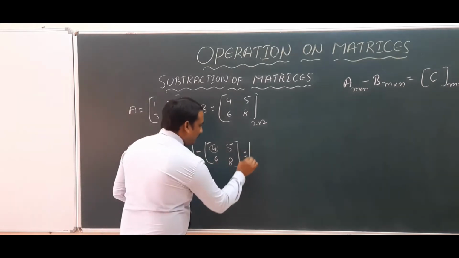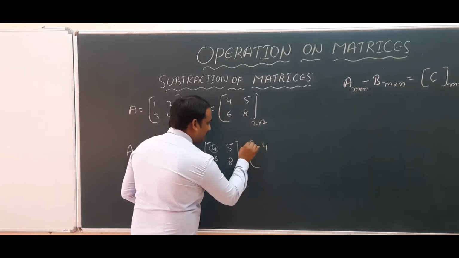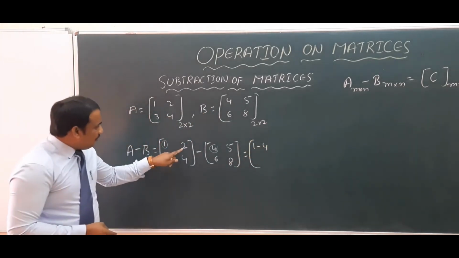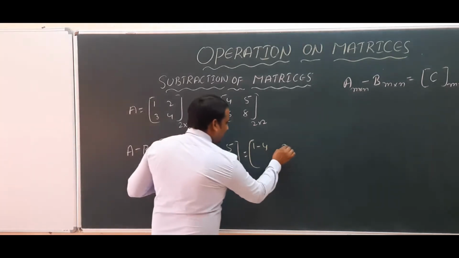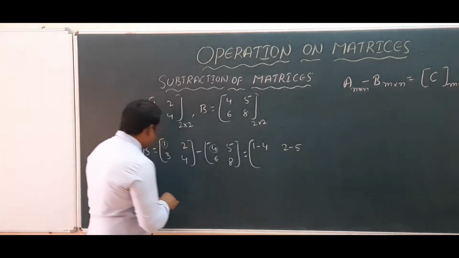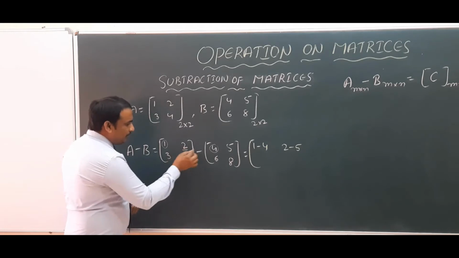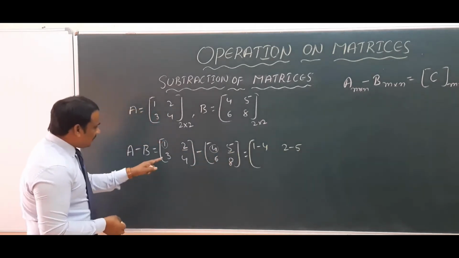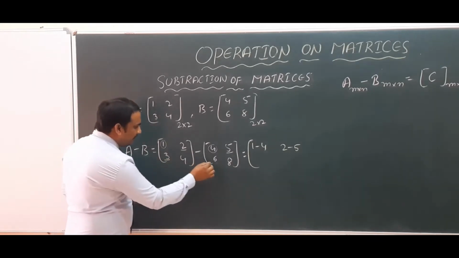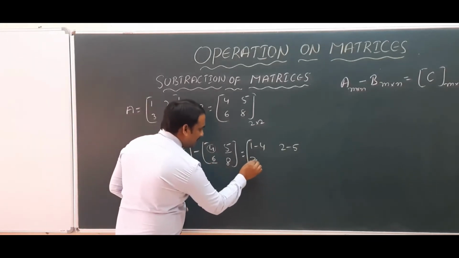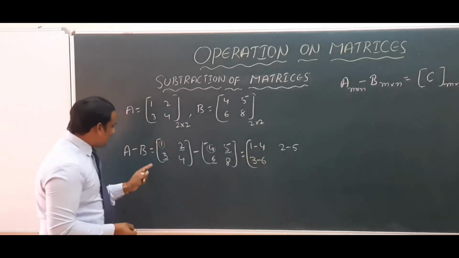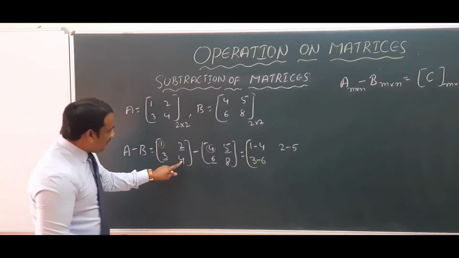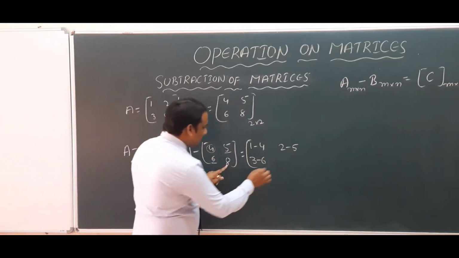You can write 1 minus 4 as the first element. Next, 2 minus 5. Here A12 is 2, B12 is 5. Next, A21 is 3, B21 is 6, so 3 minus 6. Next, A22 is 4 and B22 is 8.